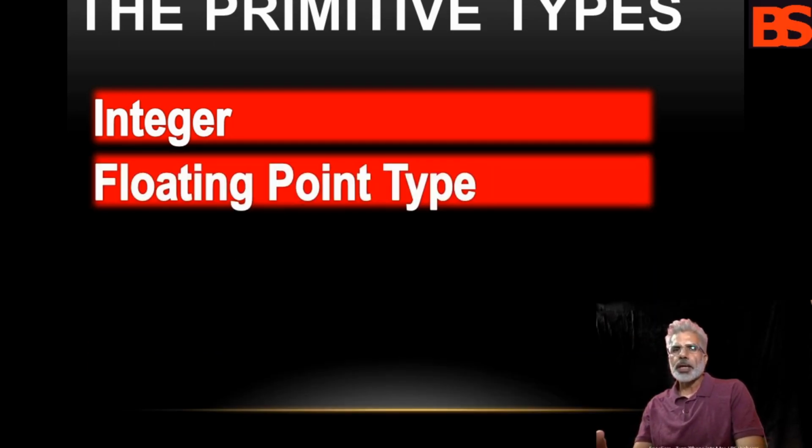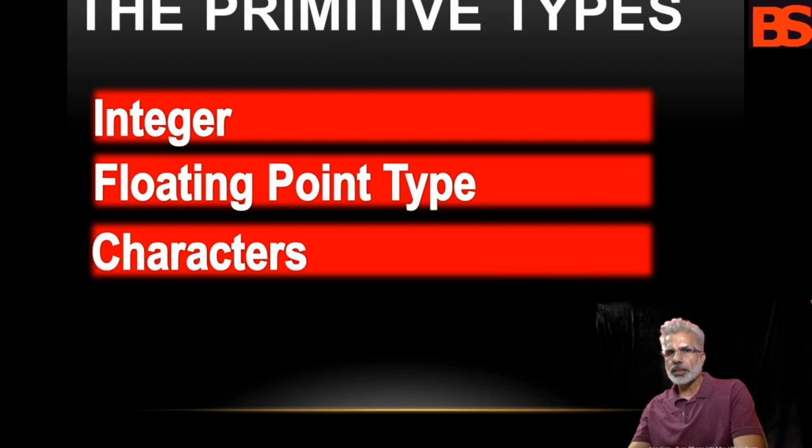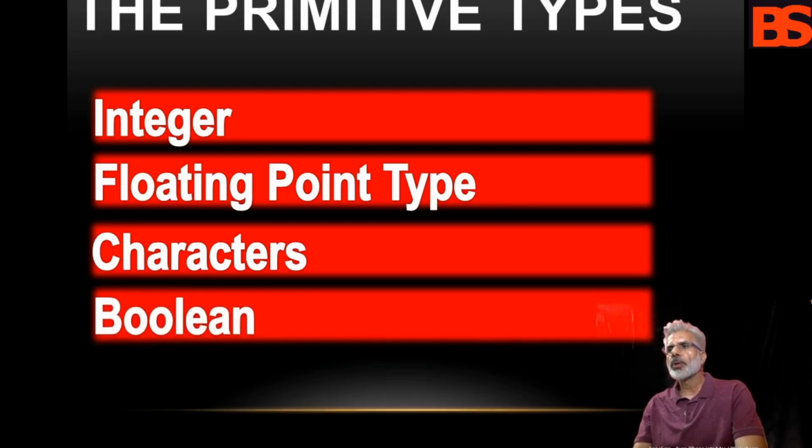Floating point types: this group includes float and double, which represent numbers with fractional precision. Characters: this group includes char, which represents symbols in a character set like letters and numbers. Boolean: this group includes boolean, which is a special type for representing true and false values.